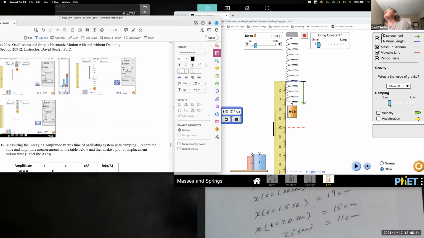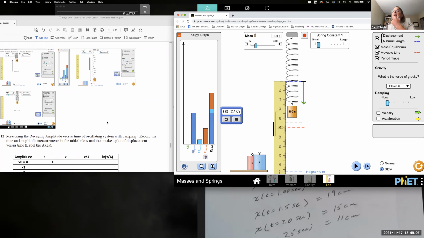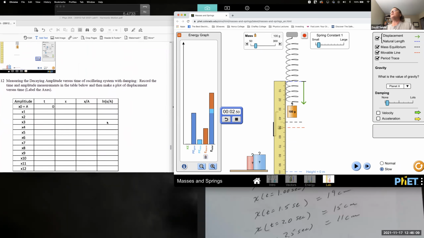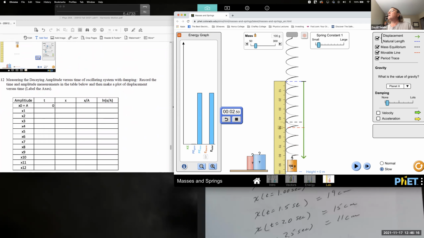Okay, now I'm going to back up. I'm going to have you do it at a little less damping factor. One position is going to be halfway between these two. I drew in some pictures here. So do it halfway so your amplitude isn't so bad. Let's just start this over. Okay, x is 0, still 48.